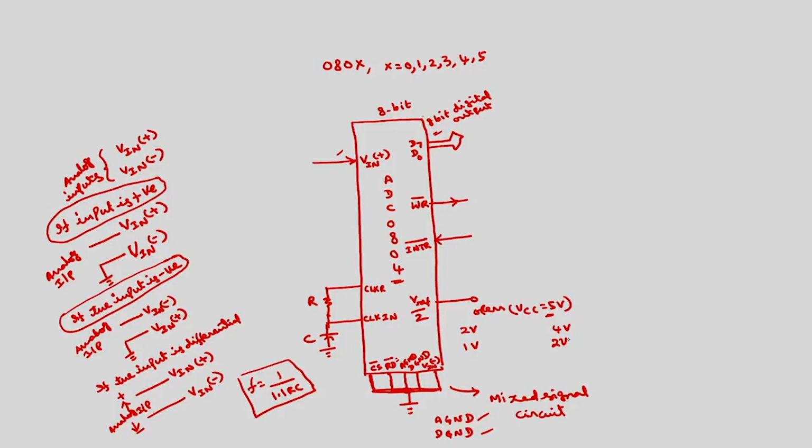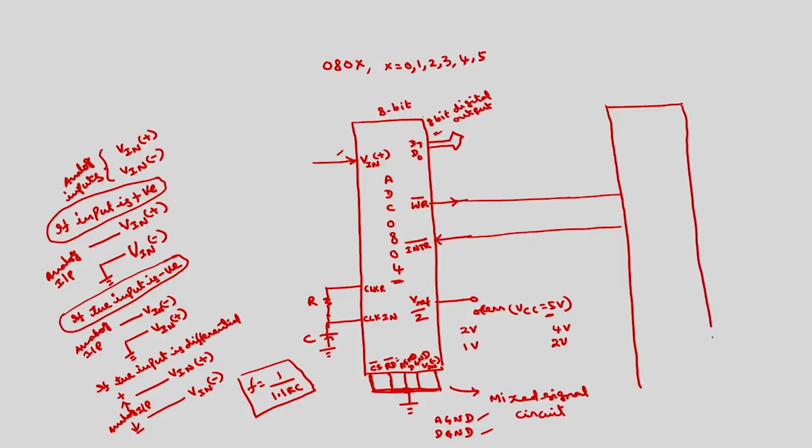Okay. Now coming to the connections to this 8086, you have to connect through 8255. We know that. Any IO device has to be connected through 8255. This is 8255. How to connect this 8255 to 8086?